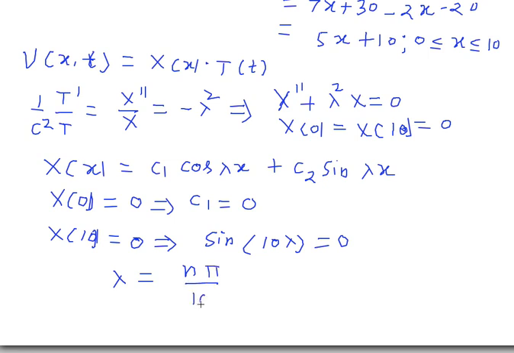These are the eigenvalues, and the normalized eigenfunction is X_n(x) equal to sin(n pi x over 10).